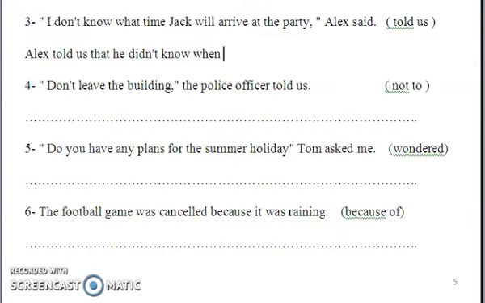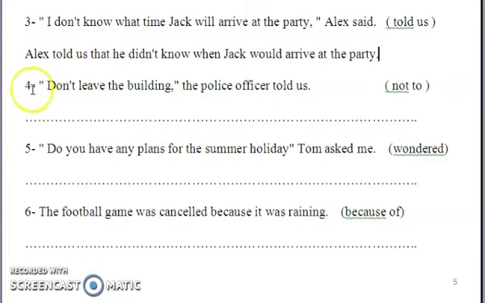When Jack, then I have here the verb will. I must change it into the past, and the past of will is would. When Jack would arrive at the party. Excellent. That's correct. Alex told us that he didn't know when Jack would arrive at the party.